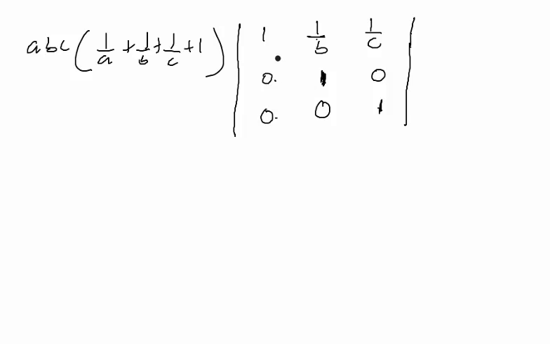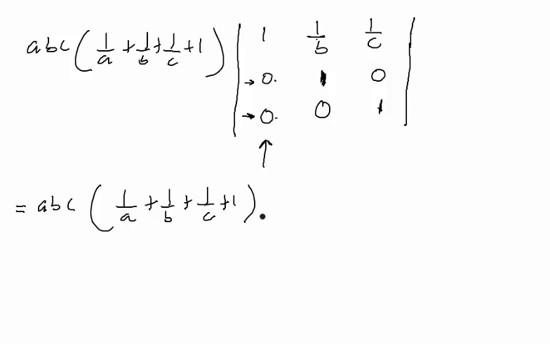Now just solve this determinant about your column 1, right? Since two values of this column are equal to 0, solving this determinant has become very easy. So the value outside the determinant is ABC into 1 upon A plus 1 upon B plus 1 upon C plus 1, and then when you solve the determinant, what value will you get?